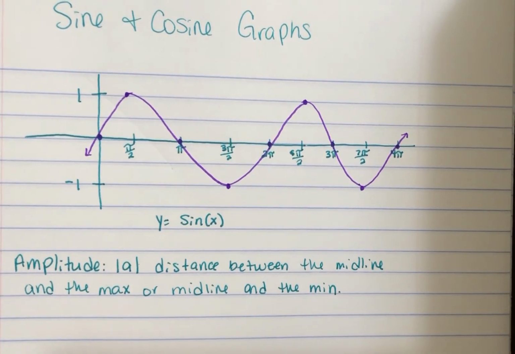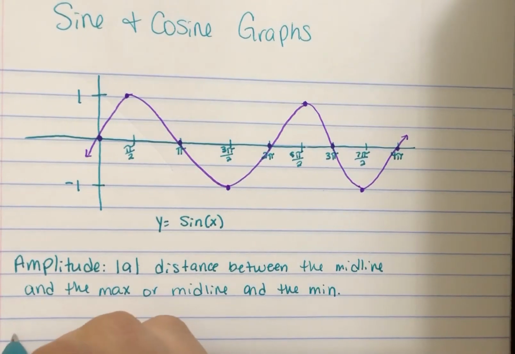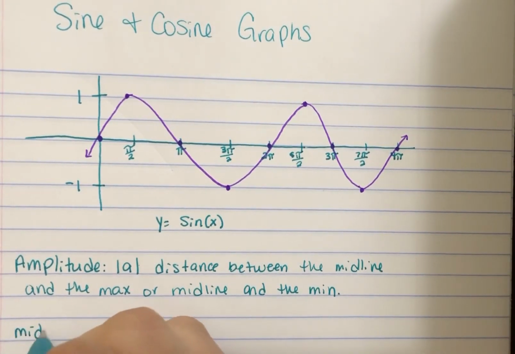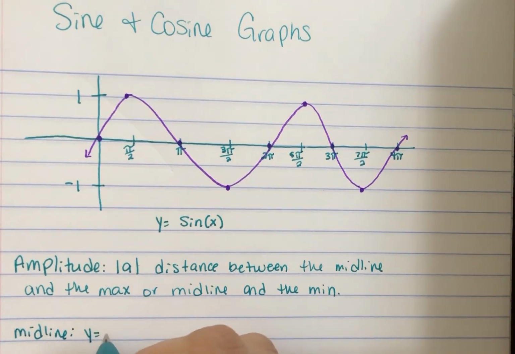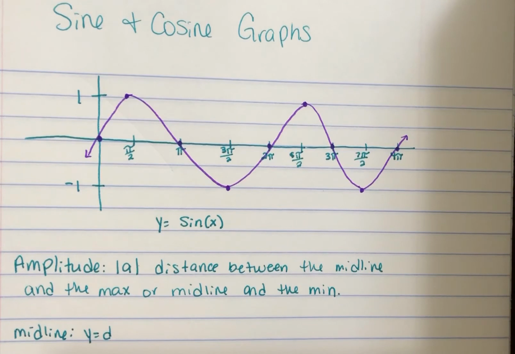So since we have midline in our definition, let's write what the midline is. To find the midline, it is y equals d. And for us, we're just going to look at when our midline is 0. So our value of d is always going to be 0.